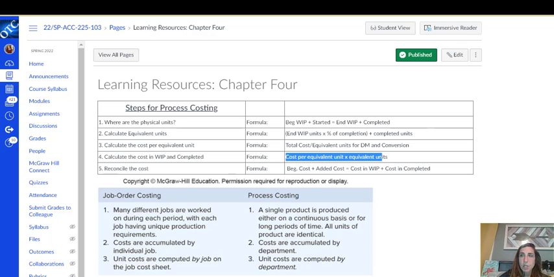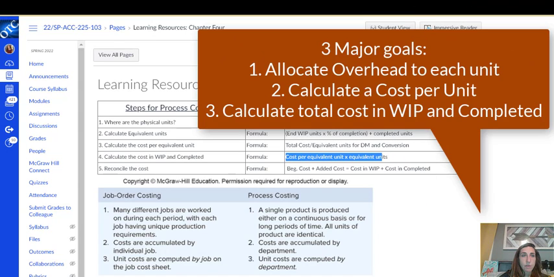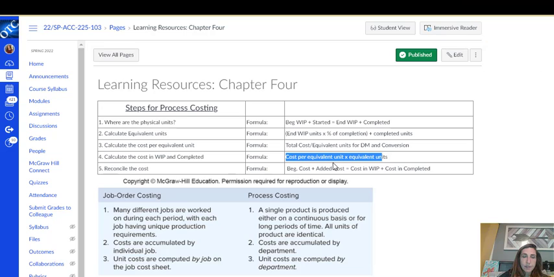Remember, in this chapter, your overhead is often lumped together with your direct labor. That is known as your conversion cost. So we're going to go through these steps in order to know our end goal of calculating the cost per unit, how much each unit cost us, and to give a total value cost in our ending work in process and our completed or finished goods account.